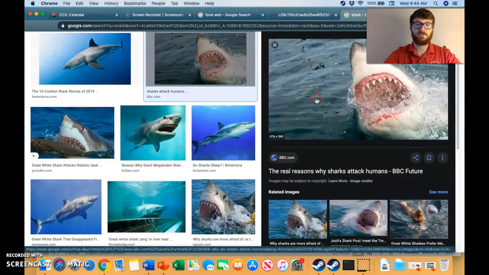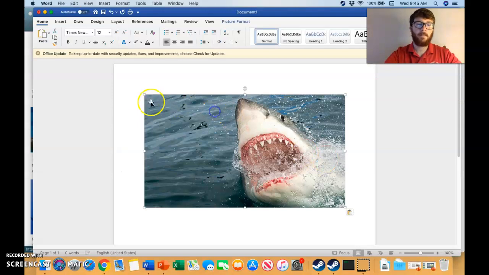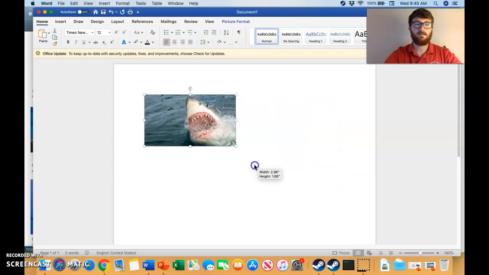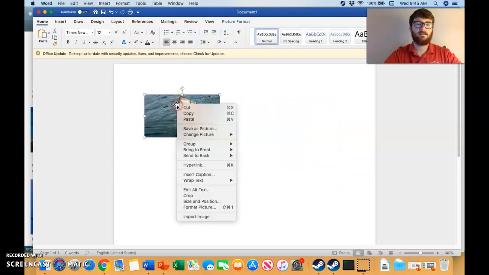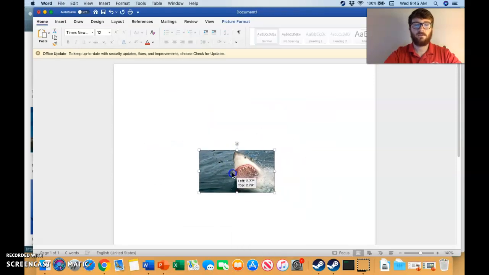The real reason why sharks attack humans, because they love our juicy flesh. Probably not. And then I can wrap the text in front so I can move it all around wherever I want.